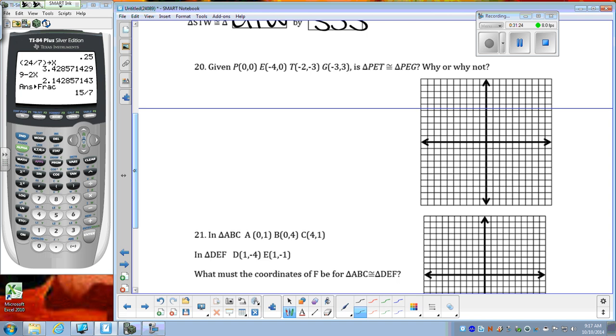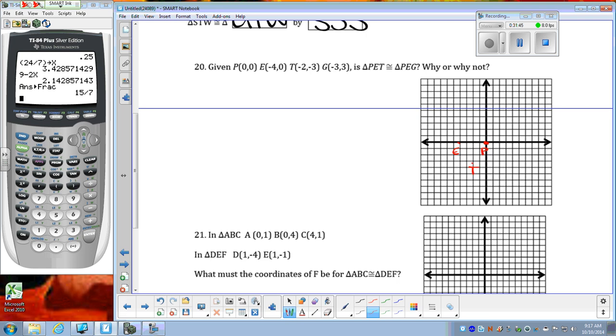All right, I want to plot all my points. P is 0, 0. E is negative 4, 0. T is negative 2, negative 3.